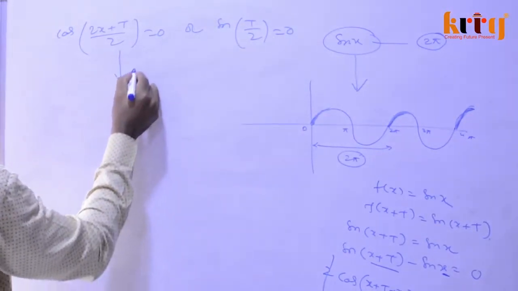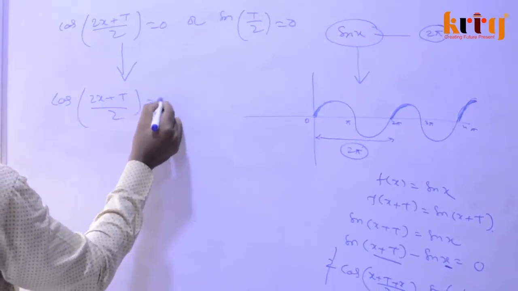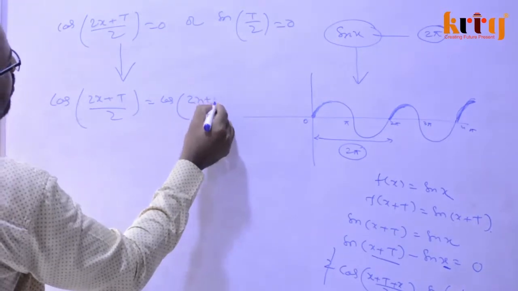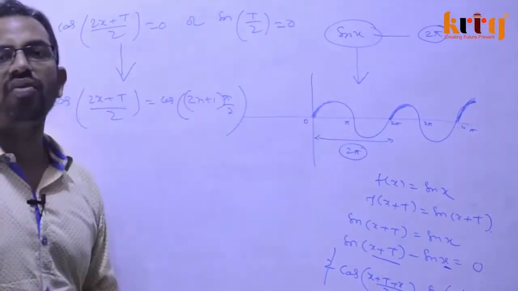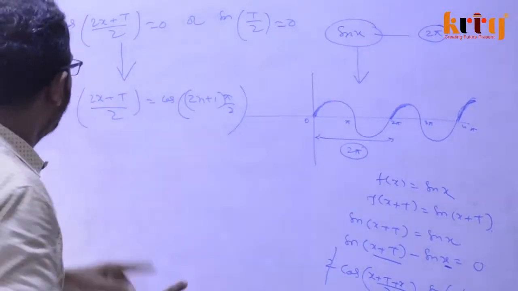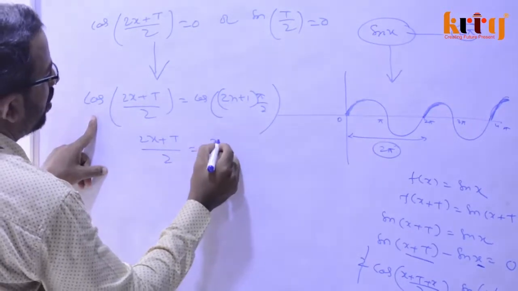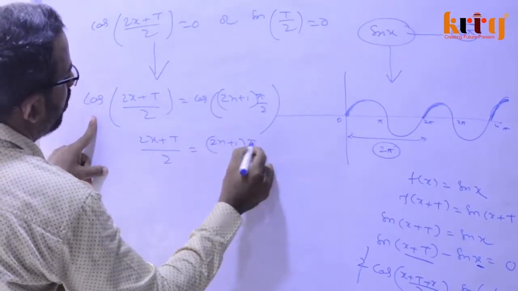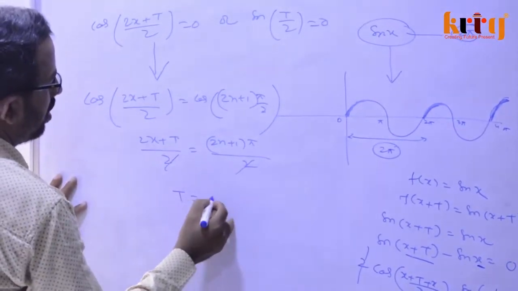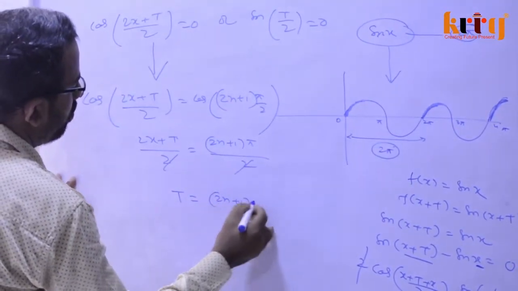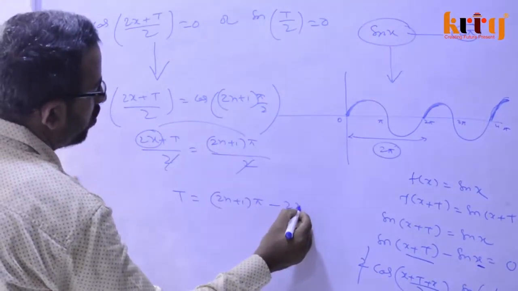We know that cos is 0 only for odd multiples of pi by 2. So (2x plus t) by 2 is equal to (2n plus 1) times pi by 2, and the 2 gets cancelled, and t is equal to (2n plus 1) times pi, and I take the 2x to the other side, minus 2x.